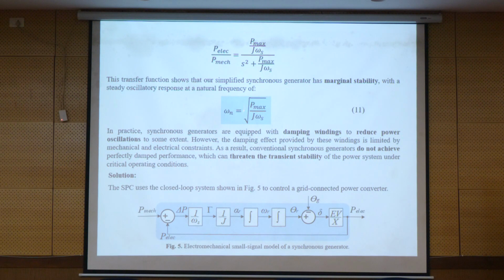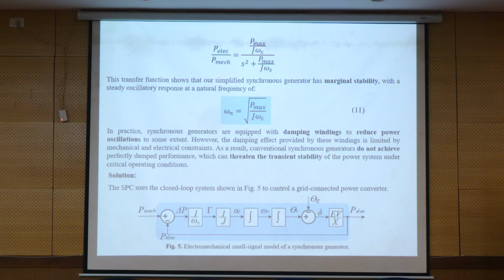It means that if you pass the border, then the system will be oscillating forever. Our natural frequency can be calculated based on the model of the system.